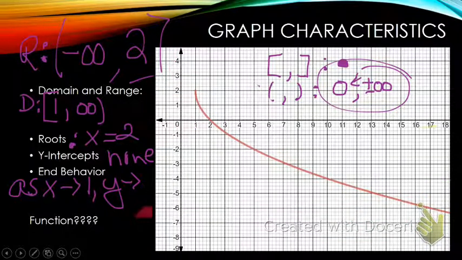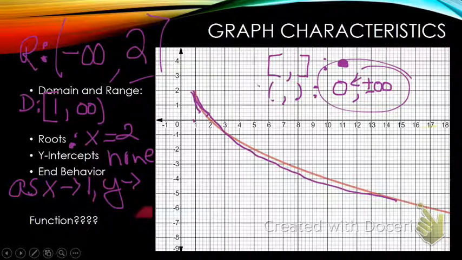So this is where some backward thinking comes into place, okay? Because look, as x goes to 1, remember, we read the graph from left to right. We're technically reading it how it goes down. Again, we're reading it from left to right, so that's the key to remember.